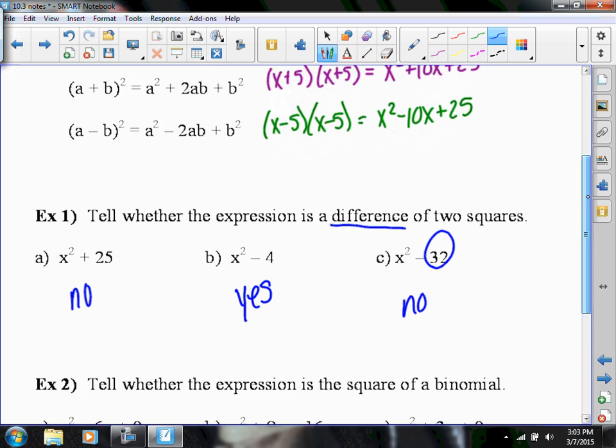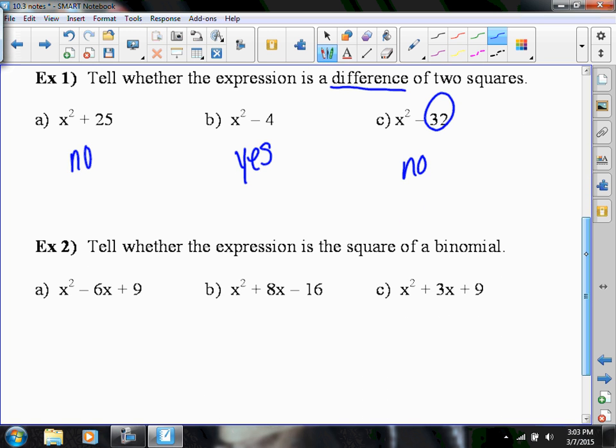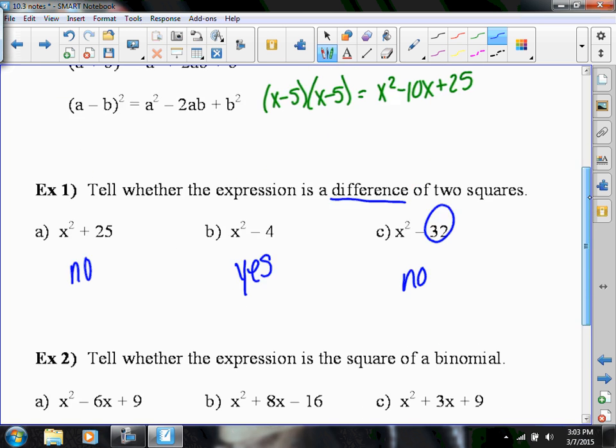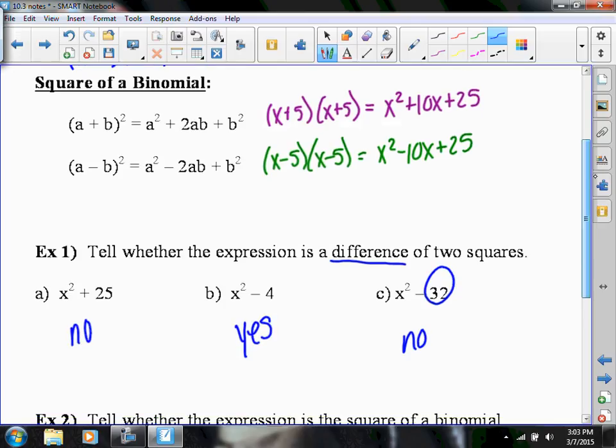Now in example 2, it says tell whether the expression is the square of a binomial. So that was the second pattern up here. We have to make sure that our last number is a perfect square. Our middle number is going to be double the square root of that perfect square, basically. And then we have to make sure we either have a plus plus or a minus plus for our signs.